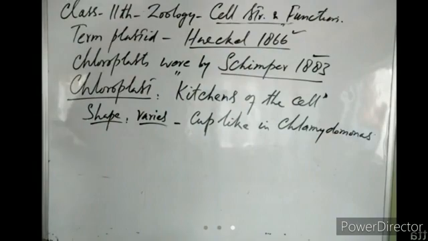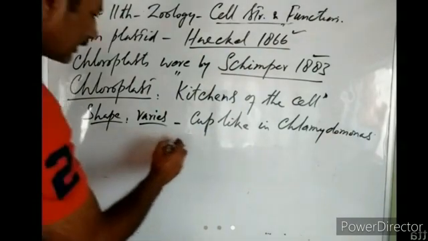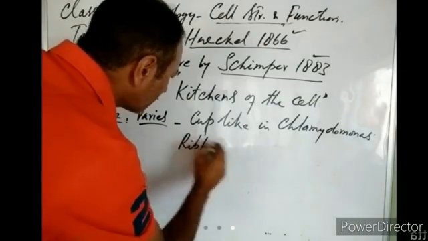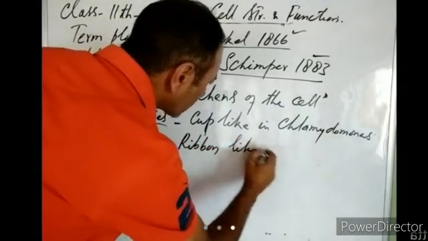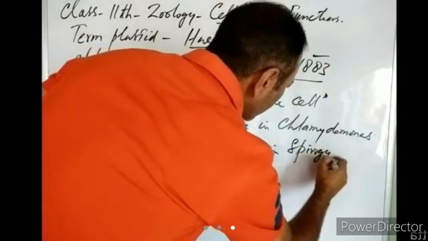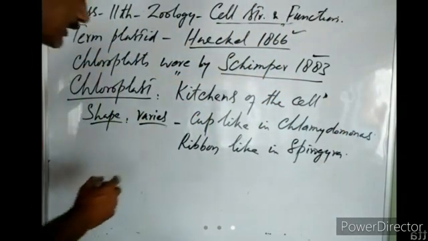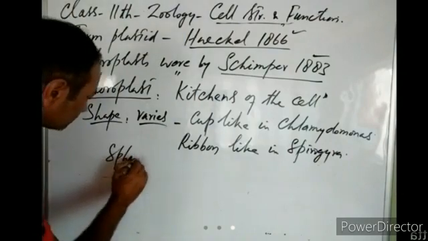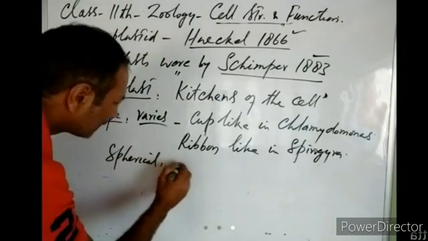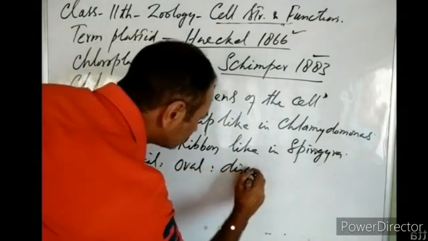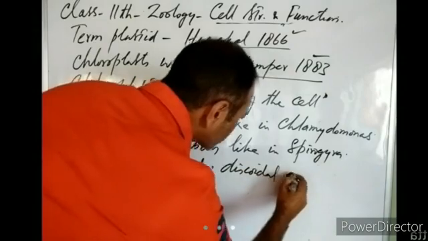Chloroplasts are cup-like in Chlamydomonas. They are ribbon-like in Spirogyra. However, in higher plants, they may be spherical, they may be oval, they may be discoidal, or boat-shaped.